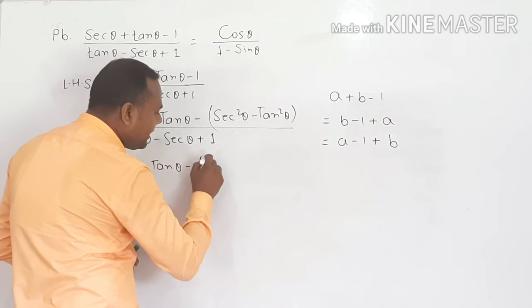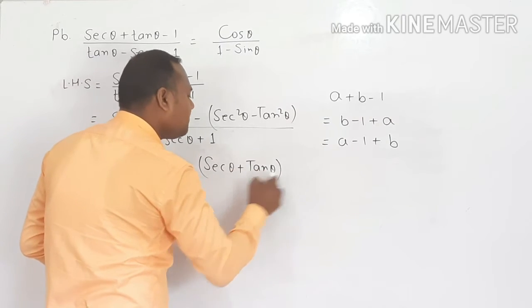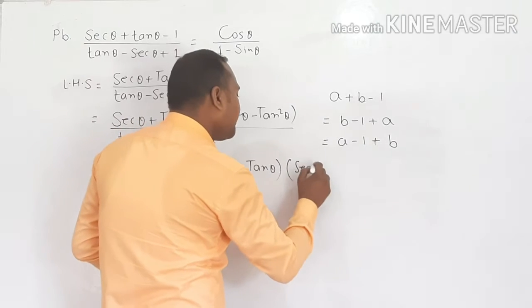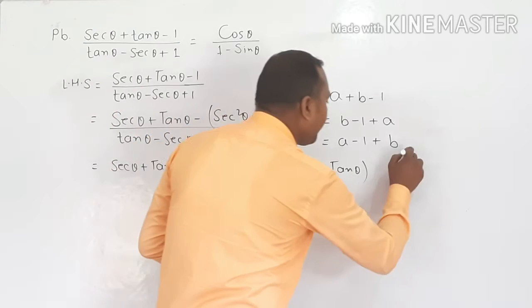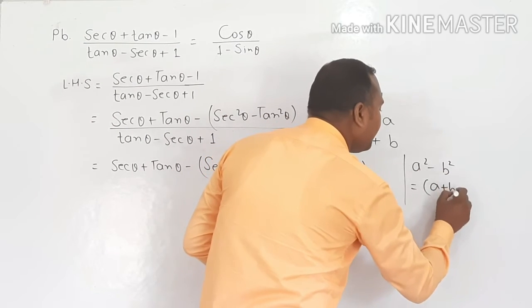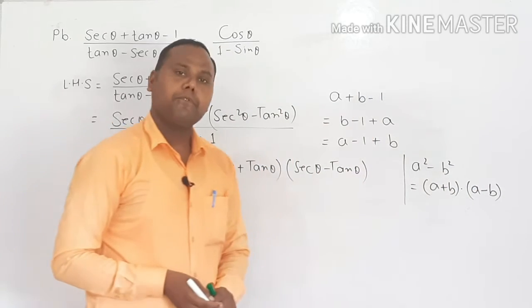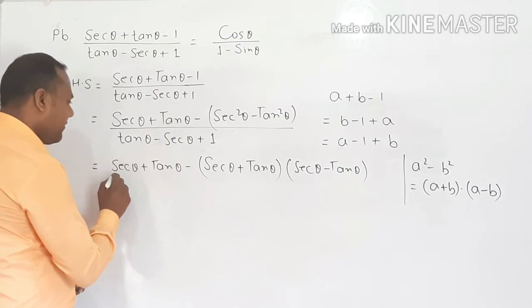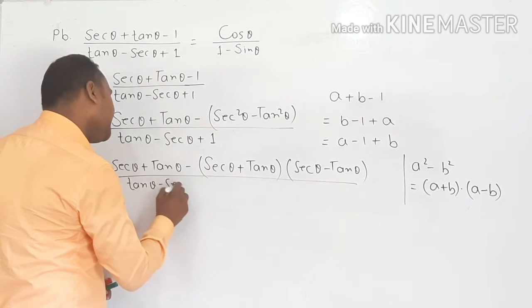That means we can write it as (sec θ + tan θ)(sec θ − tan θ), because we already know that a² − b² equals (a + b)(a − b). That means sum of terms into difference of two terms, divided by tan θ − sec θ + 1.